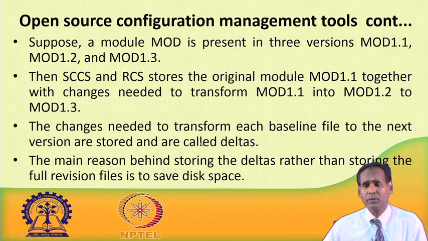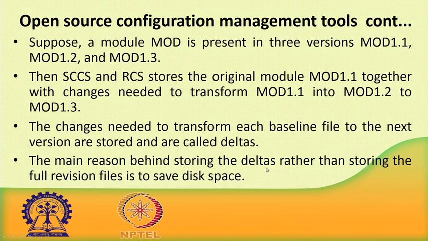So, the changes which are needed to transform from the baseline module, module 1.1, to module 1.2 are stored, and these changes are called deltas. The main reason behind storing the deltas rather than the full revision files is to save disk space.